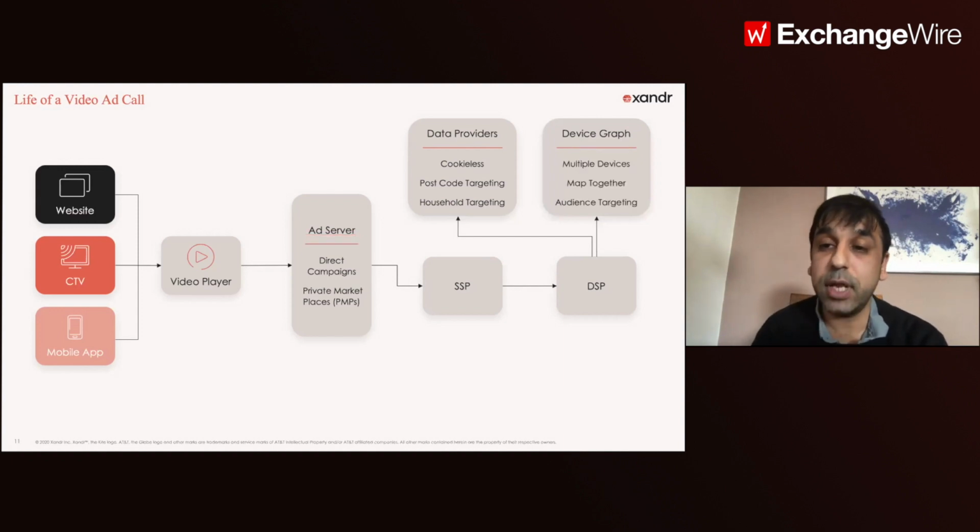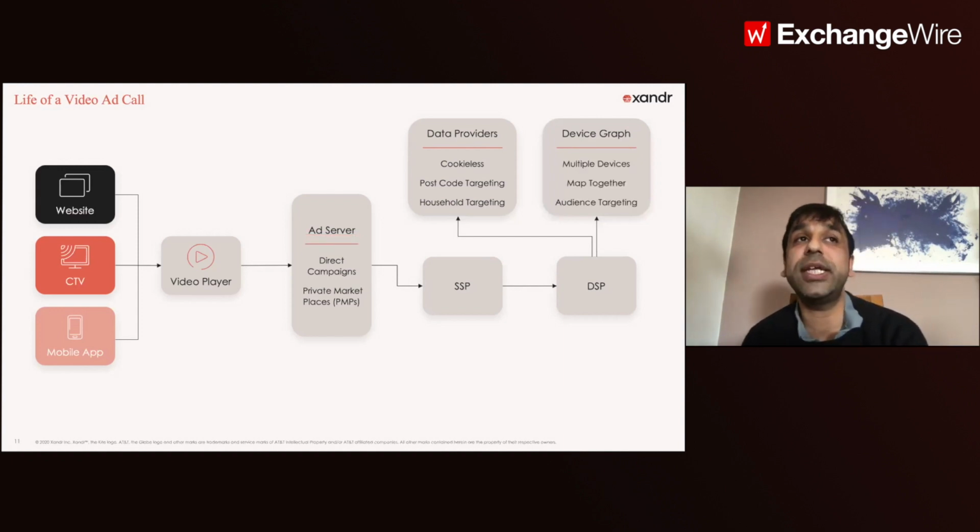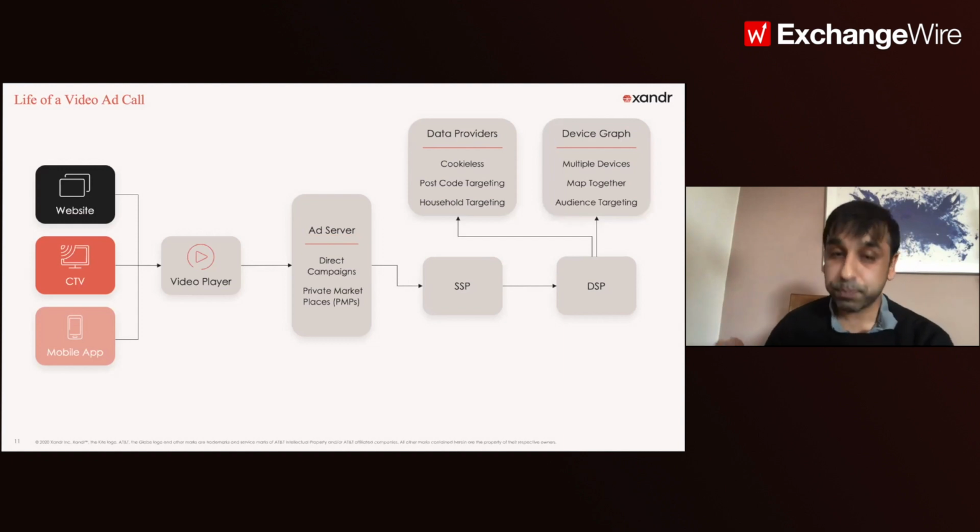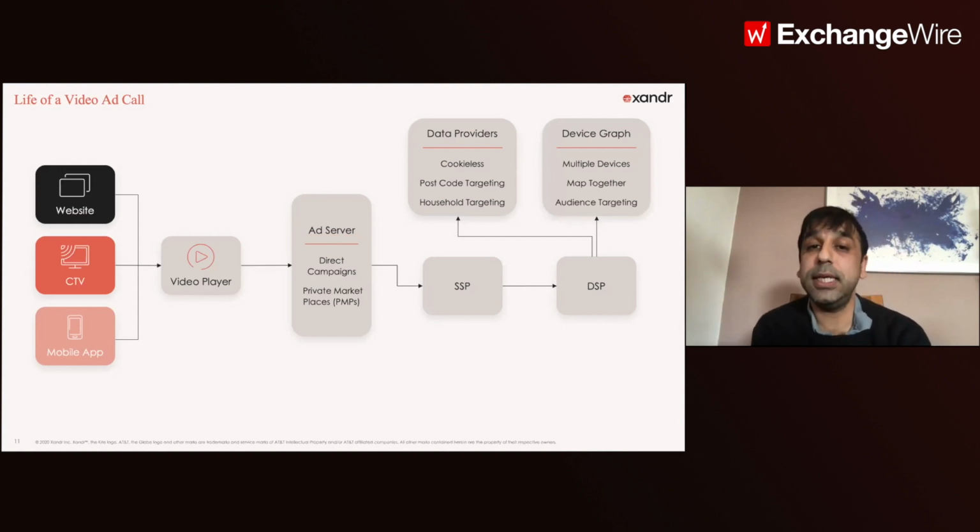What the device graph does is try to stitch together lots of different identities. If we think about how many different devices you have, I've got a mobile phone, an iPad, a connected TV, and a smart speaker. So I've got lots and lots of different technology. And the problem is I have a different identifier on each one of those devices.